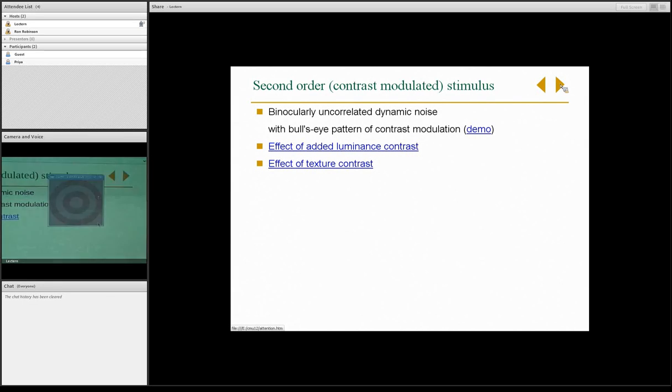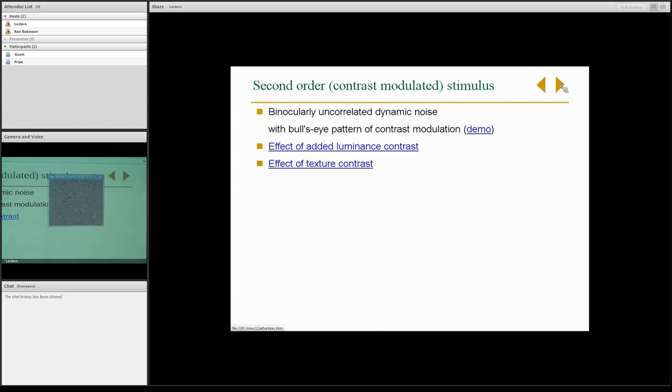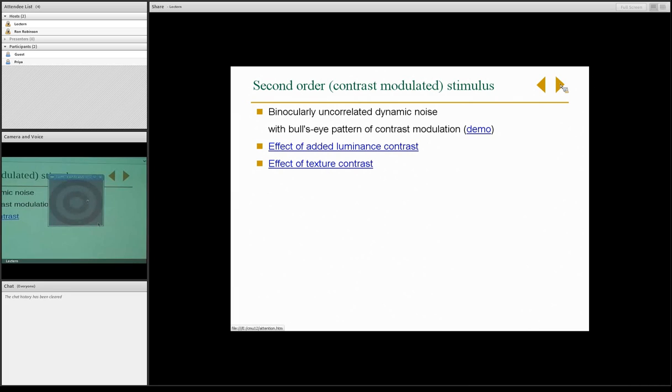That light and dark is what we call first order contrast, luminance contrast, whereas the texture contrast that we're sweeping is what we call a second order stimulus. This is interesting because the models of elementary motion detectors are sensitive to the movement of light and dark, but they are basically blind to the pattern of high and low contrast texture.